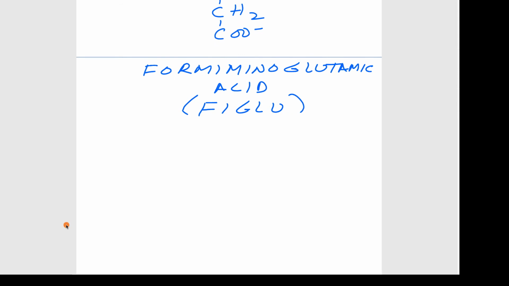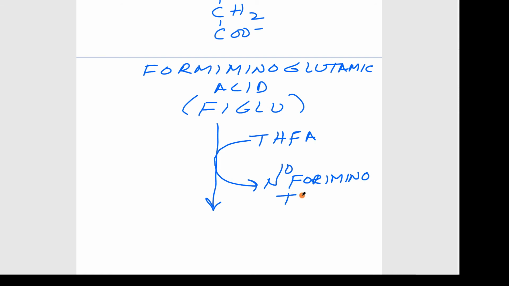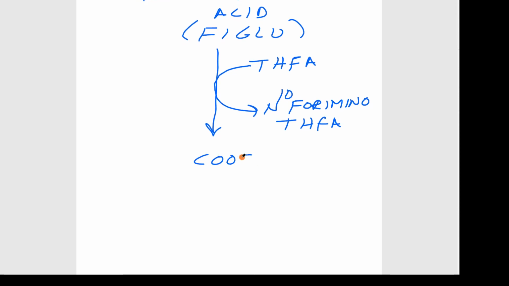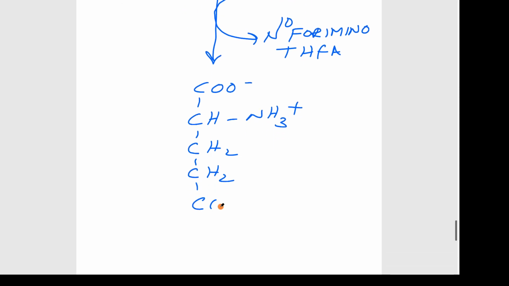What is the fate of this FIGLU? In the presence of THFA, it is converted to N10 formimino THFA, leading to the formation of glutamic acid. The glutamic acid is released.